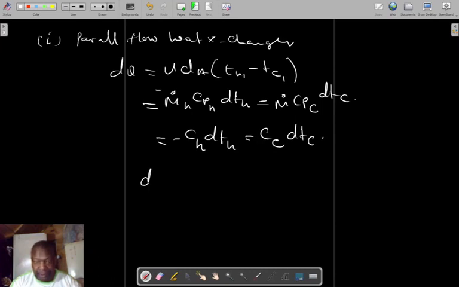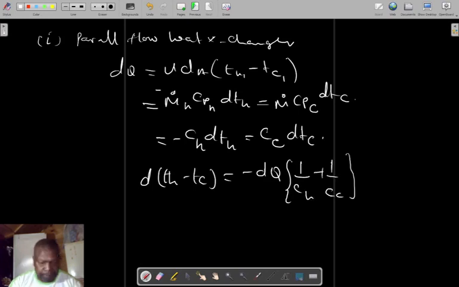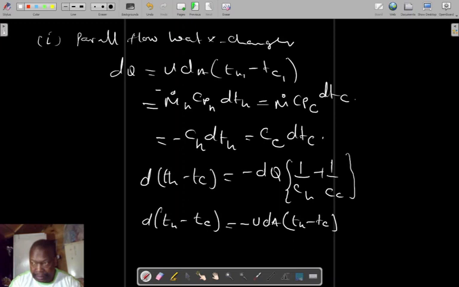We went ahead and saw that d(Th minus Tc) is equal to minus dq (1 over Ch plus 1 over Cc). So d(Th minus Tc) is equal to minus U dA (Th minus Tc) (1 over Ch plus 1 over Cc), by substituting dq with U dA (Th minus Tc).